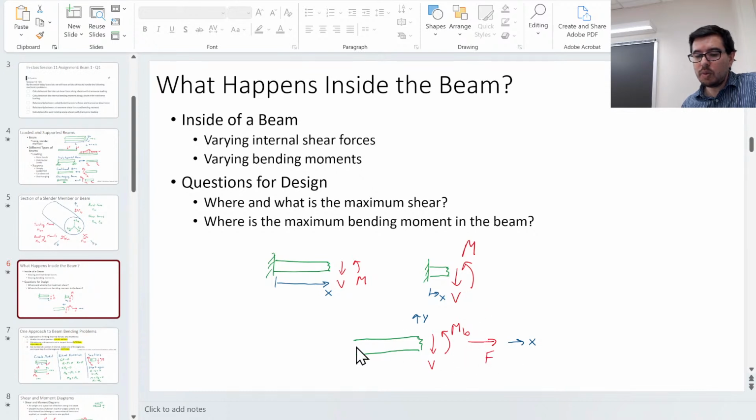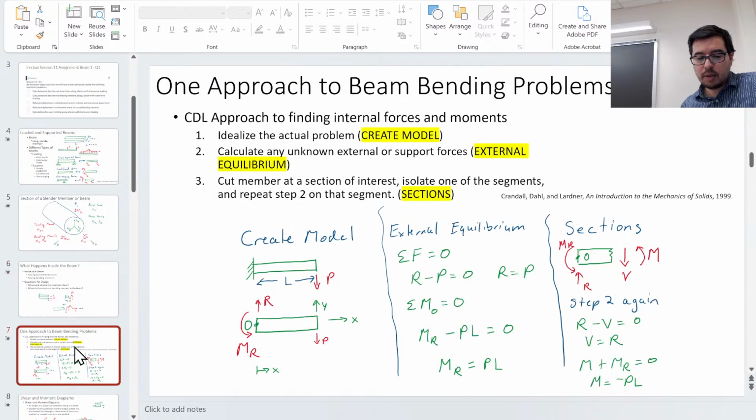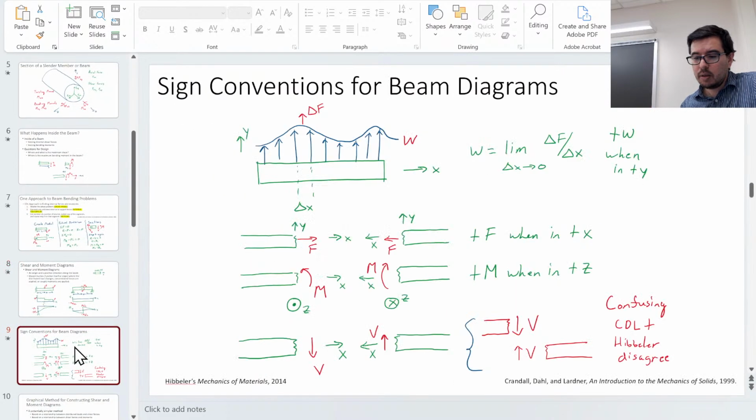Yeah, I mean, it is confusing because even CDL and Hibbler have chosen to use different conventions. And yes, this can be confusing here too, because sometimes we say we have X coming out.